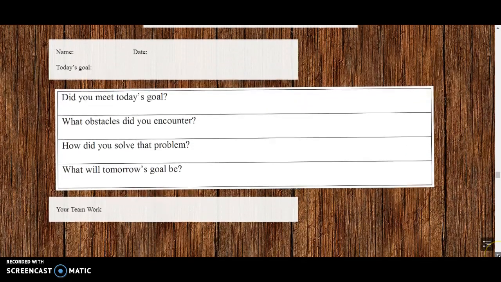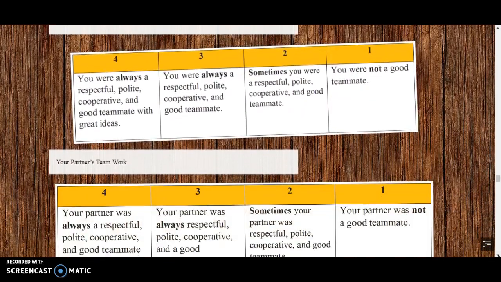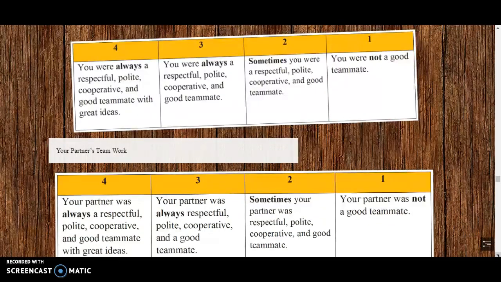Another thing I like about their reflection piece is the teamwork aspect. They had a chance to reflect on themselves and how they work well in the team. They also had an opportunity to reflect on how their partner worked with them on the project.